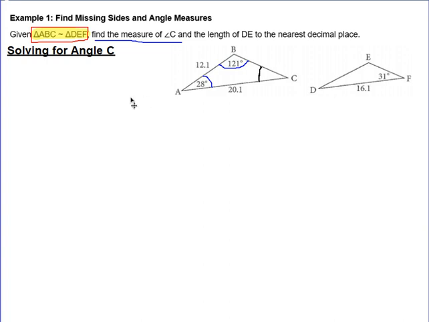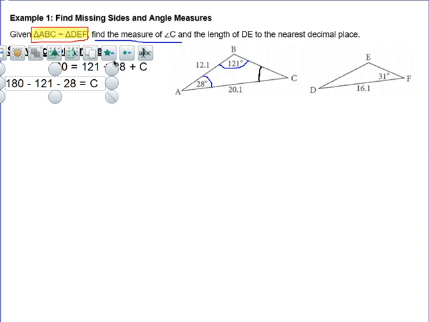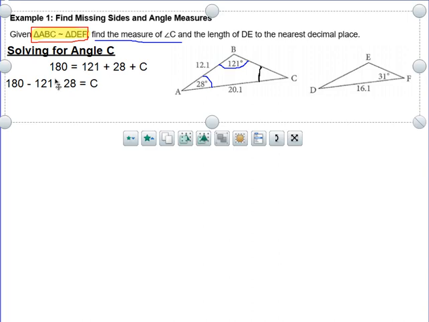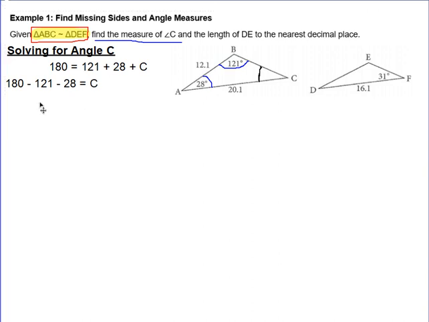We know all triangles have to add up to 180 degrees, and I think you know what to do here. We are simply going to say, okay, 180 equals 121 degrees plus 28 degrees plus whatever angle C is. And now what we can do is just go ahead and solve for angle C. And we're going to do that by isolating angle C, moving the 121 and the 28 over to the left-hand side. So now, when we do that, we have 180 minus 121 minus 28 equals C.